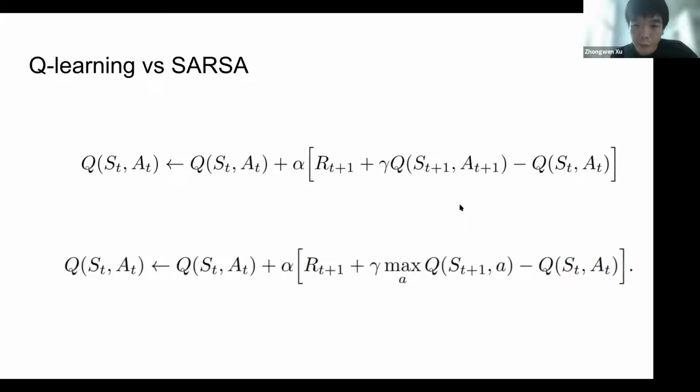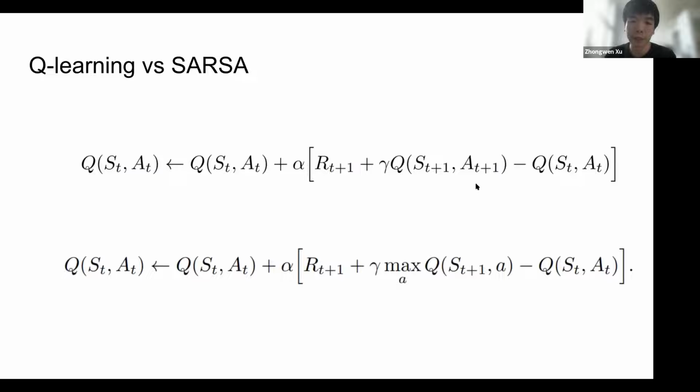So again, going back to the equations, we can really see the key difference between Q-learning and SARSA lies in the formulation of the update target. SARSA uses the actual next time step S t plus 1 and also the action A t plus 1, and uses the Q values to obtain the target. Instead, in Q-learning, we use a maximum of the Q values among all of the actions.